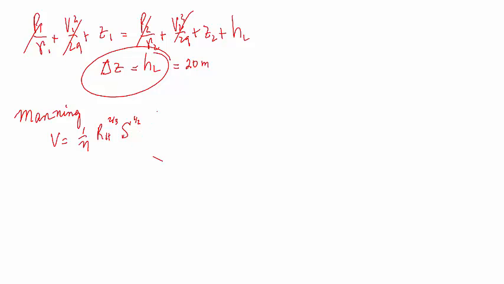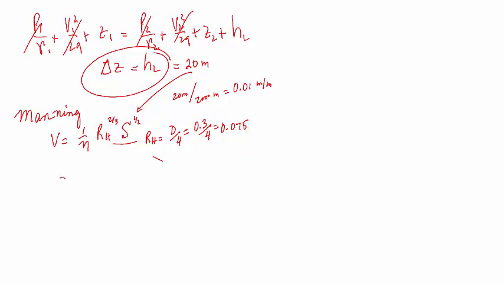The slope is 20 meters in 2,000 meters, and this is 0.01 meter per meter. The hydraulic radius is d over 4, which is 0.3 divided by 4, so this is 0.075.